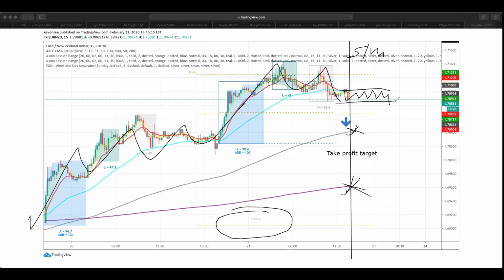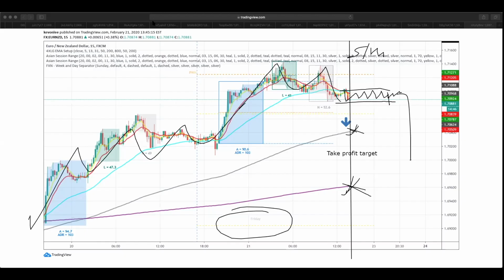Yeah. So you have really one of two options. You can do a fake move up and then go down, or you can literally just do a move from the middle of the range and go straight down, like a straightaway trade. Right? So it all depends on what happens during this Asian range.